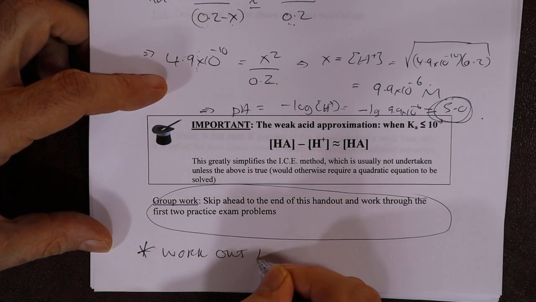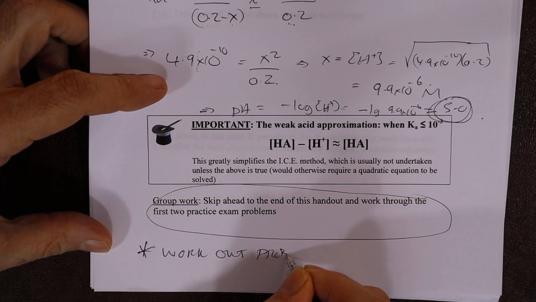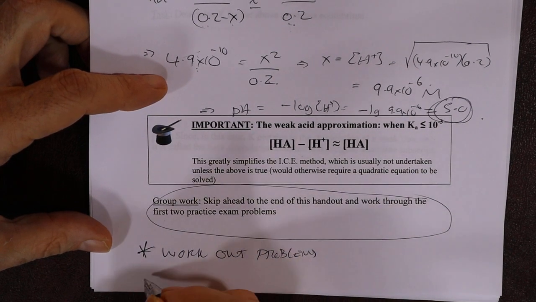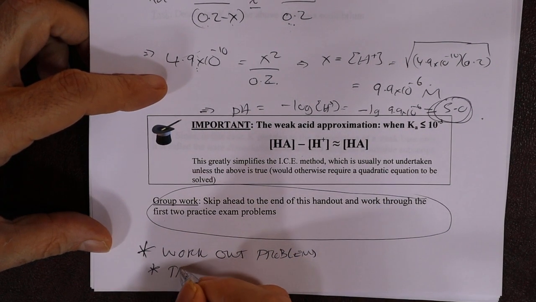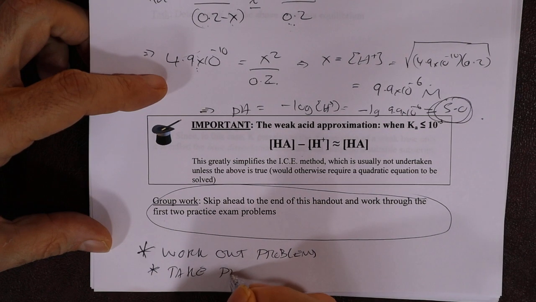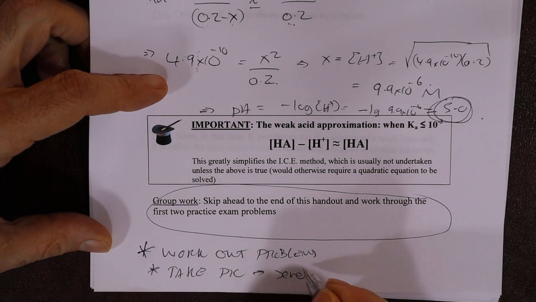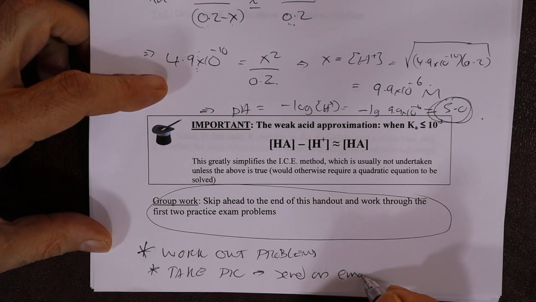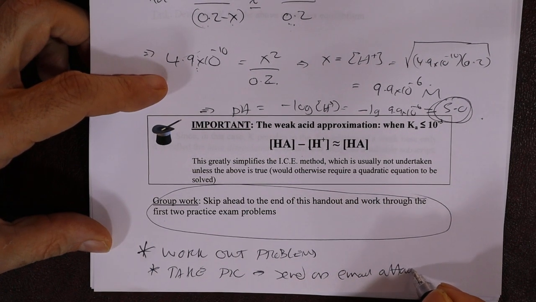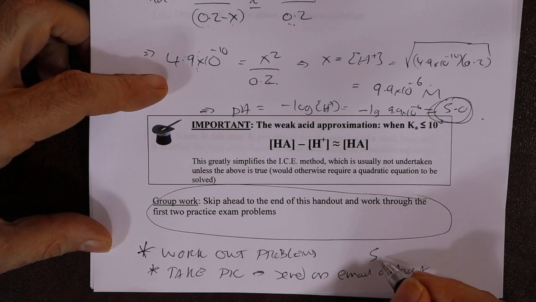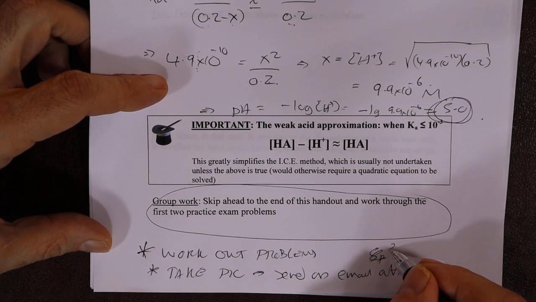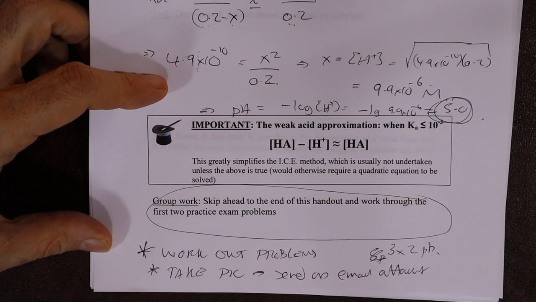Work out the problems, take a picture of all your work on your page and then send it as an email attachment. I'll make it worth 5 points. Actually, make it worth 6, 3 each, because there's 2 questions, right? Okay.